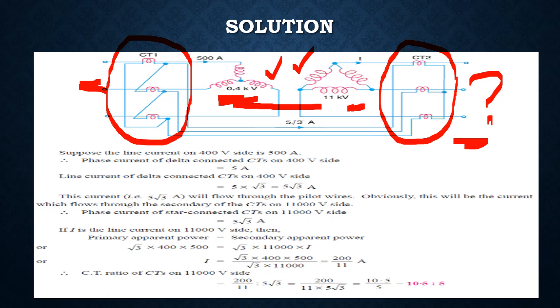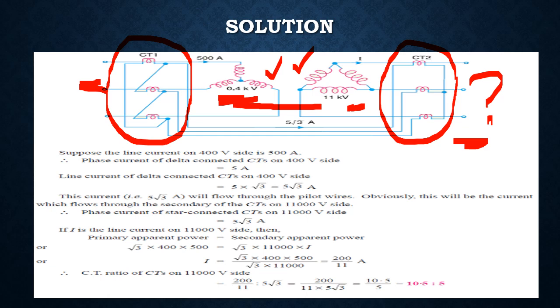The second step is to find the secondary current of the current transformer which is placed on the delta side. First analyze the secondary current of the current transformer which is placed on the 400 volt side.